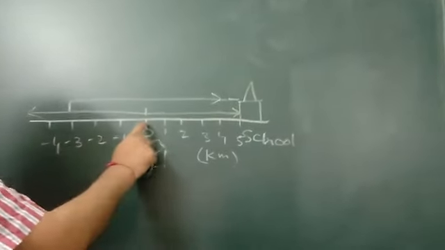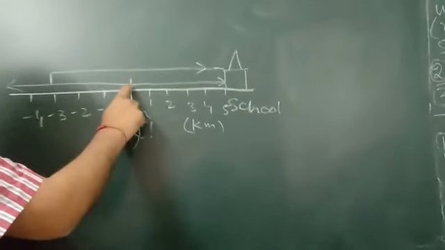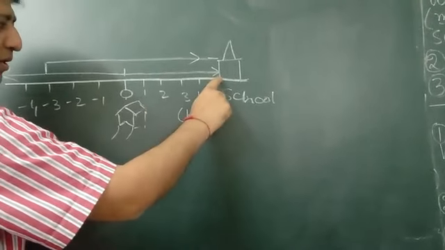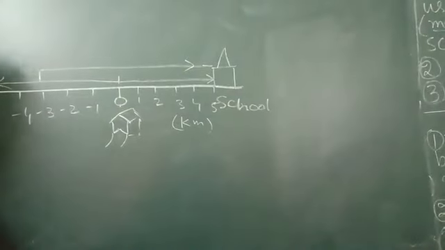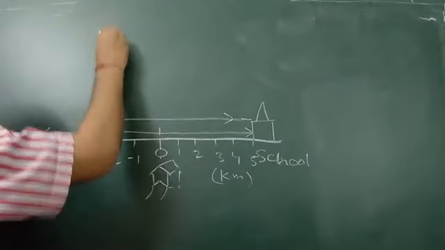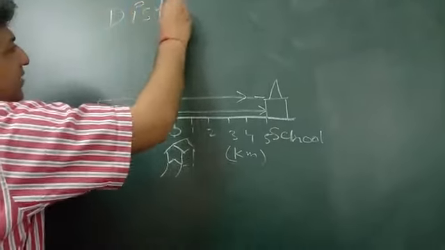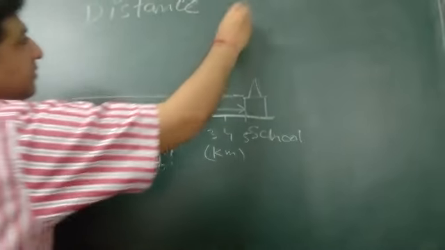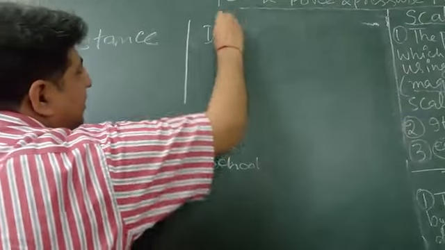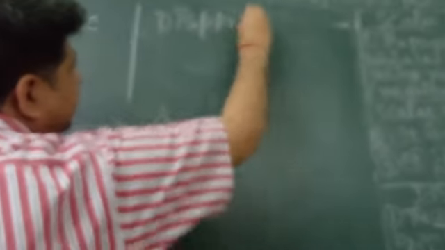Okay, so here we are again at home. This is our school, which is approximately 5 kilometers away from our home. Now, let me write. On one side, we'll do calculation for distance, and on this side, we'll do calculation for displacement.